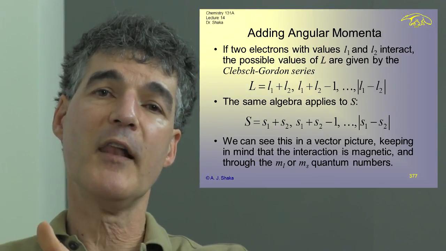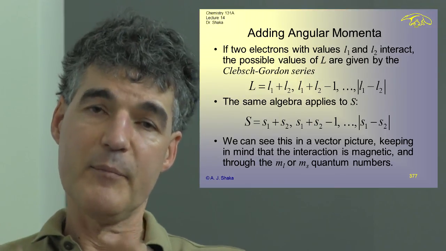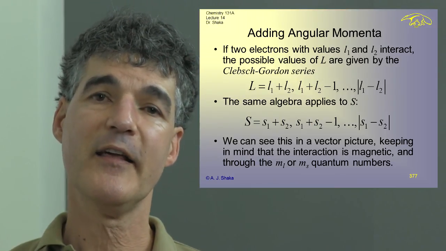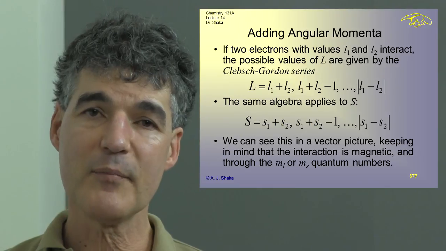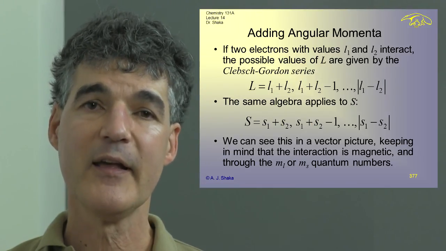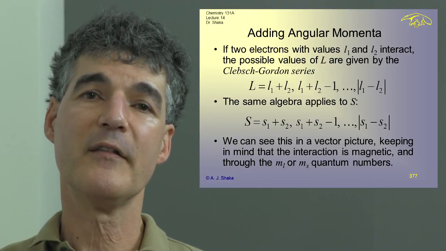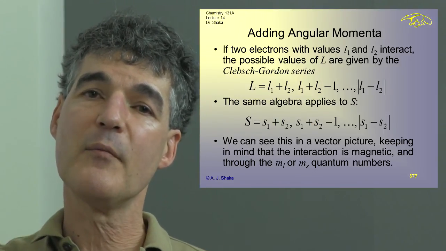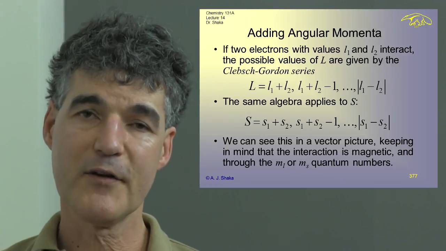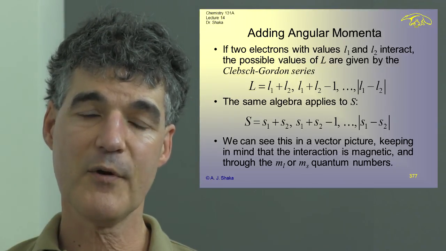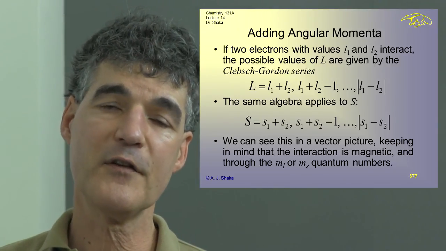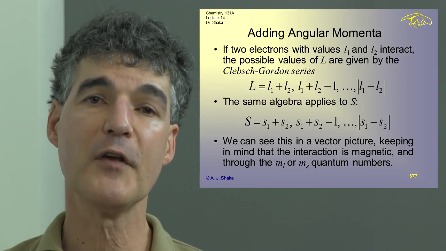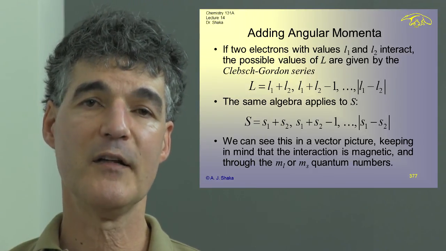And then they could be out of alignment, and because things are quantized, the next value is L1 plus L2 minus 1. And the worst case is when they're completely misaligned, but the total angular momentum L has to be a positive number because it refers to L squared. And so we terminate the series at the absolute value of L1 minus L2.